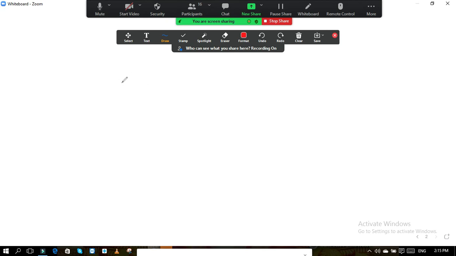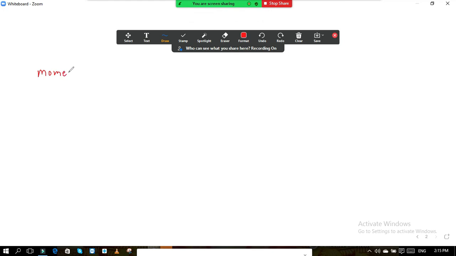Now here, moment of inertia of I section. Now what is the moment of inertia? This is the symmetrical I section given to us.